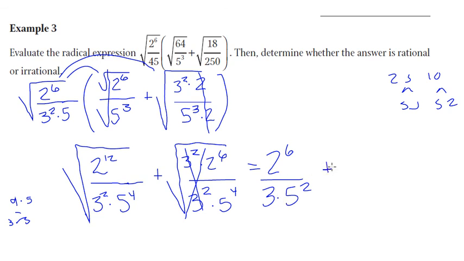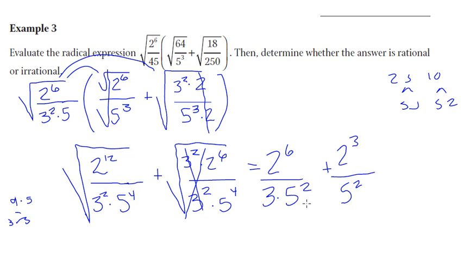So I'm going to be adding that to, when I pull this out, this is going to be 2 to the 3rd power, because 6 divided by 2 is 3, and it's going to be over 5 to the 4th. Well, I'm going to take that piece out, so I'm going to have 5 squared, no longer the same denominator.